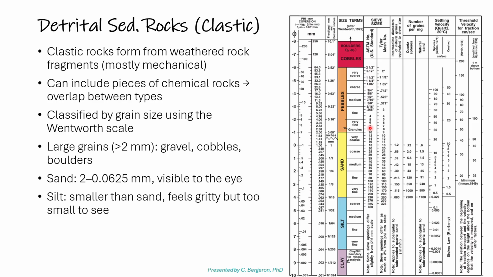So again, it depends on what your focus is. But in general, what you see here is that the smallest grains are at the bottom of this scale, and the grains get larger as you move up the scale.